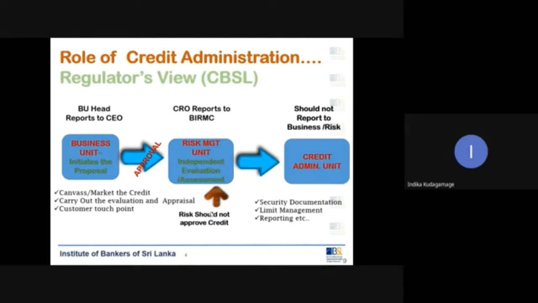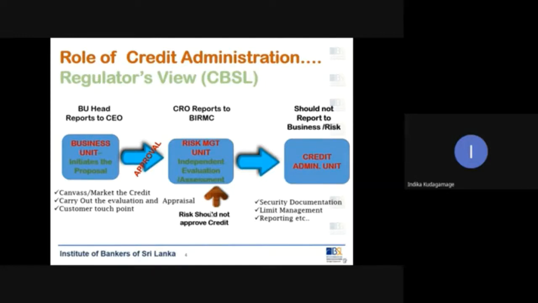CRD looks after all the facilities and says, okay, don't give this structure, give a different structure, this kind of security. What they try to do is to put the credit into perspective, right? So that is prior to disbursement and basically approval.